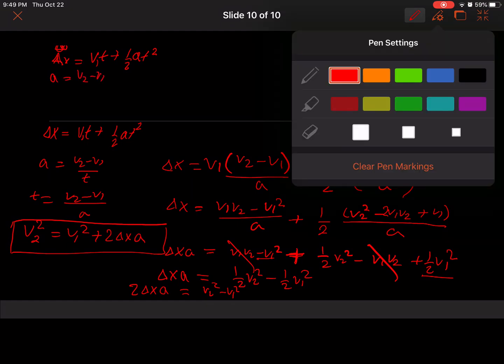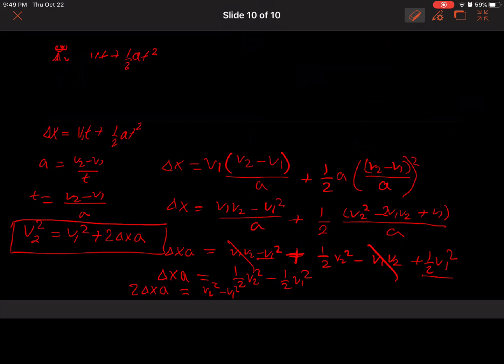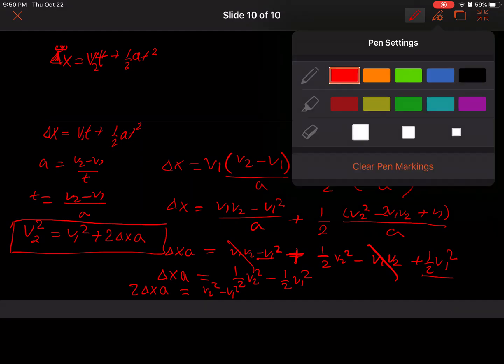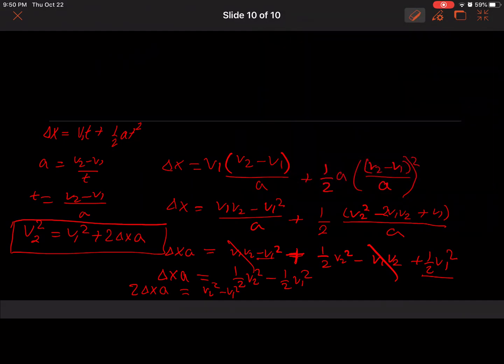That's not the right color. I did that again.